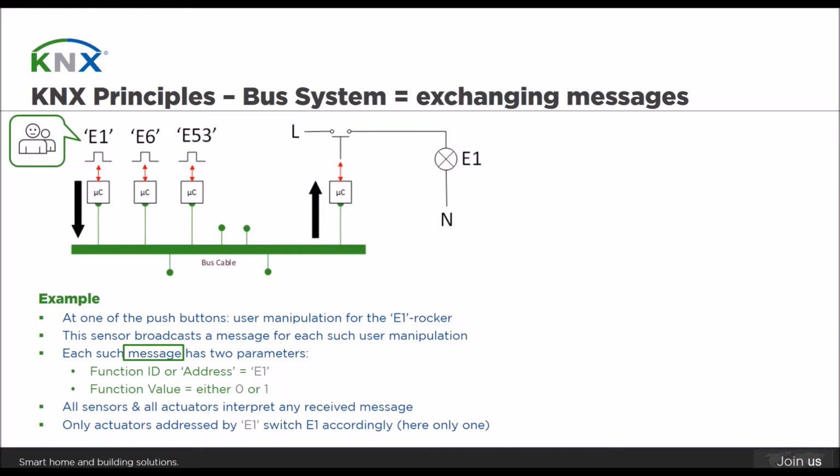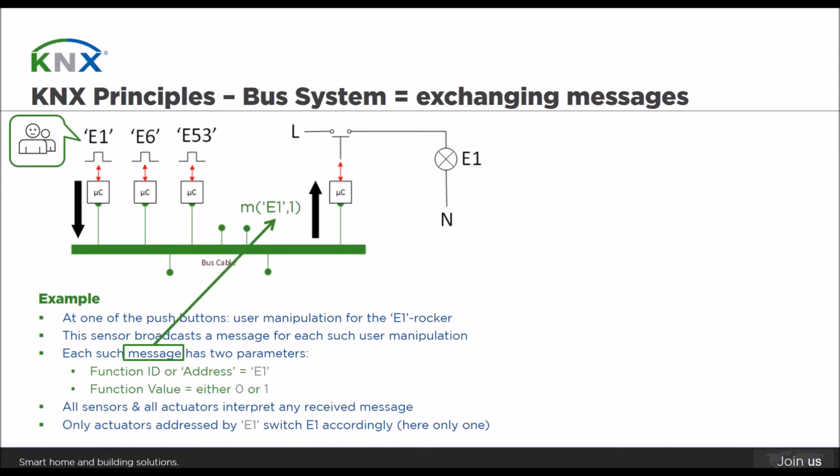It's a kind of electronic message, of course, that will propagate through the entire bus. Such a message has two parameters, of which the first is the identifier of the electrical consumer, in this case the lamp E1. The second parameter indicates what we want to do with the electrical consumer. In our case here, it indicates 1 or 0 if we want to switch it on or off.